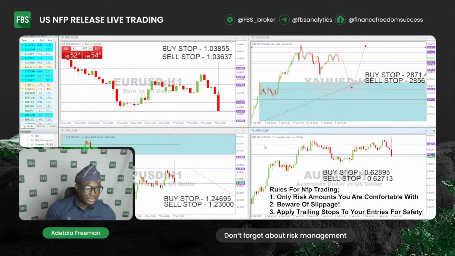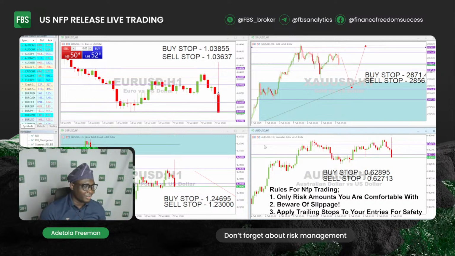It's almost getting to sell TP1 on Euro USD. Yeah, that's TP1. GU sell stop activated. AUD USD sell stop activated. Gold sell stop activated.